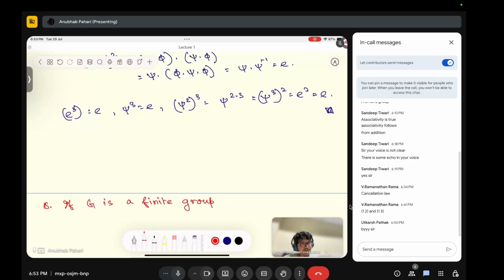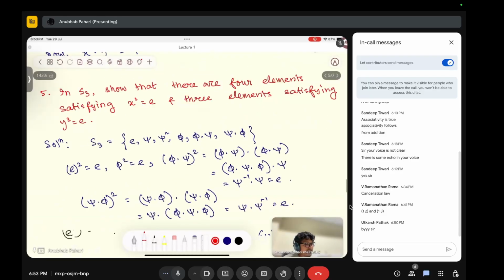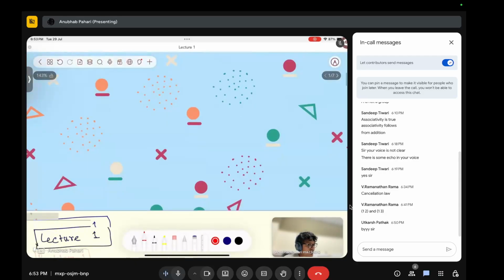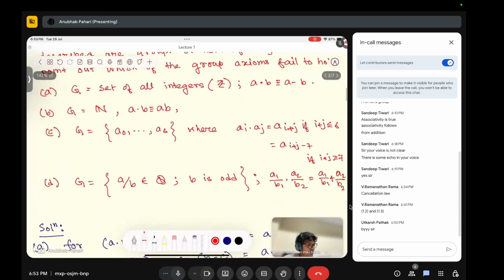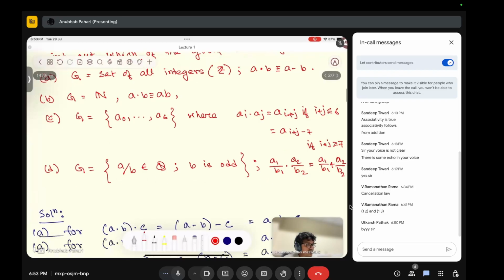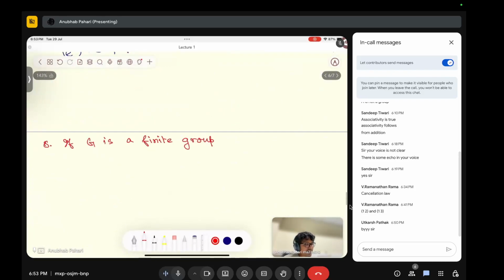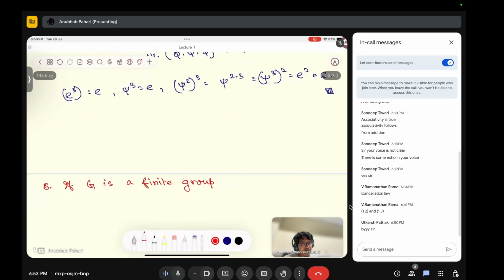Like Z7 or something. So there is a big class of examples apart from your Z, Q, real numbers, complex numbers.